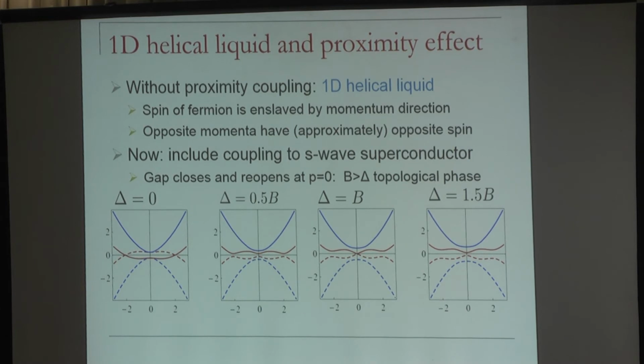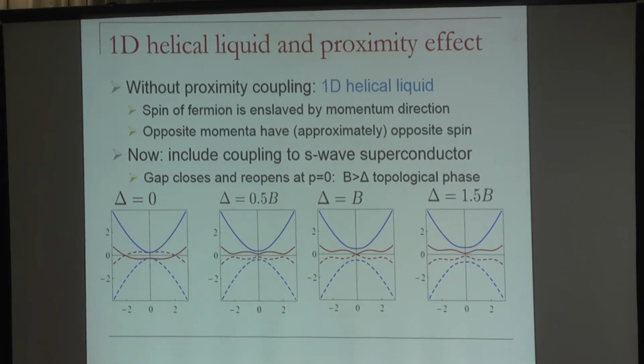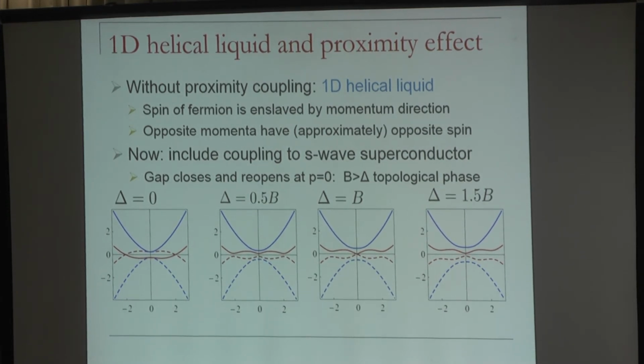You have competing gap tendencies, namely a gap from the superconductor and a gap from the magnetic field, and they work in opposite directions. So first here you have only a gap caused by the magnetic field. You switch on the other gap causing agent, it will work against it, reduce this gap, eventually close it, and then here the gap from the superconductor wins, and you open a gap again.